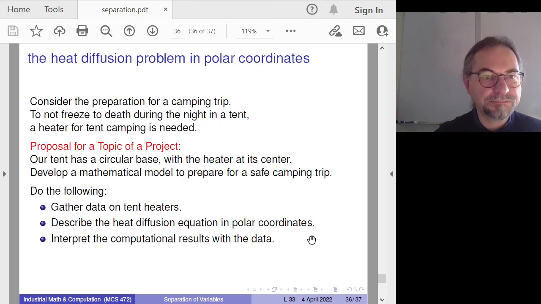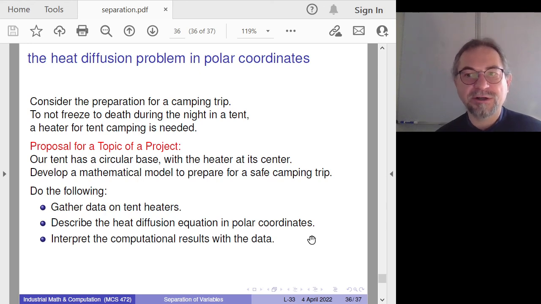Okay, so we are interested in solving real-world problems. So here is a real-world problem. Assume that you have to procure the heating units for an expedition. You have a whole troop of people going out on a camping trip.